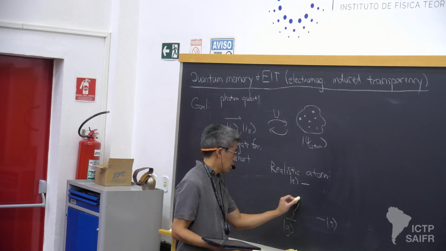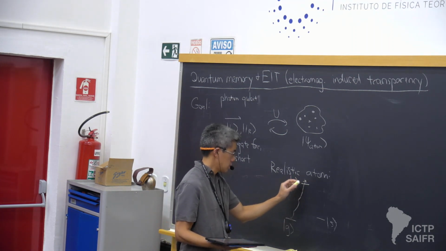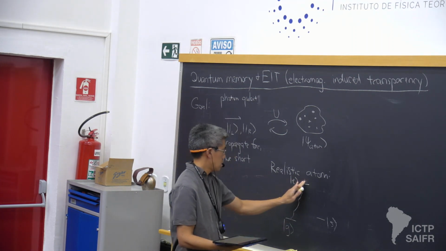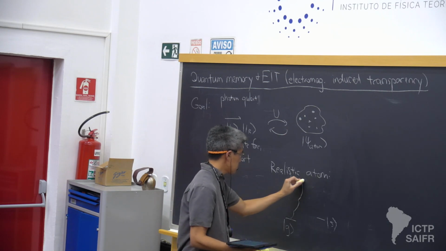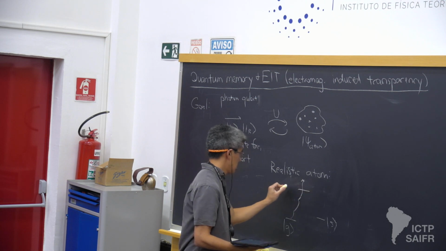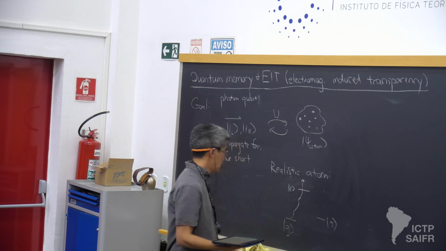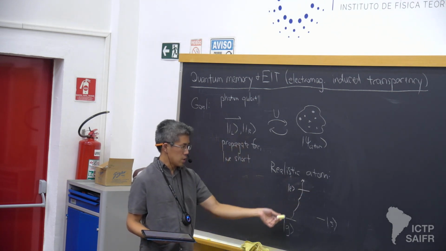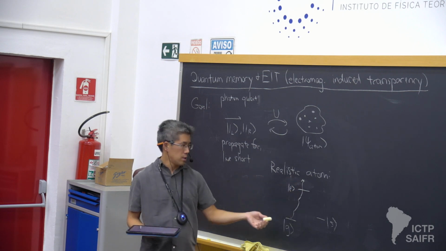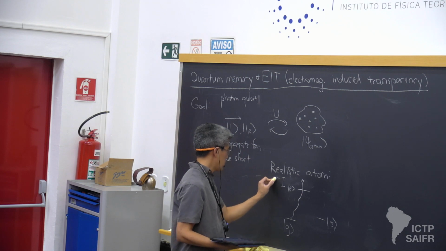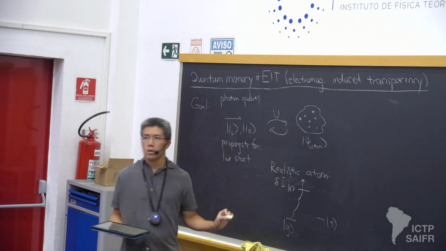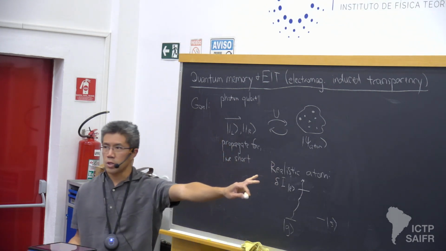We'll send in quantum light on this transition. Sorry, let me draw it more clearly. So we could, for example, shine in single photons or a weak coherent state on this transition. These photons will have a detuning delta, which is exactly the same delta as what I showed there.